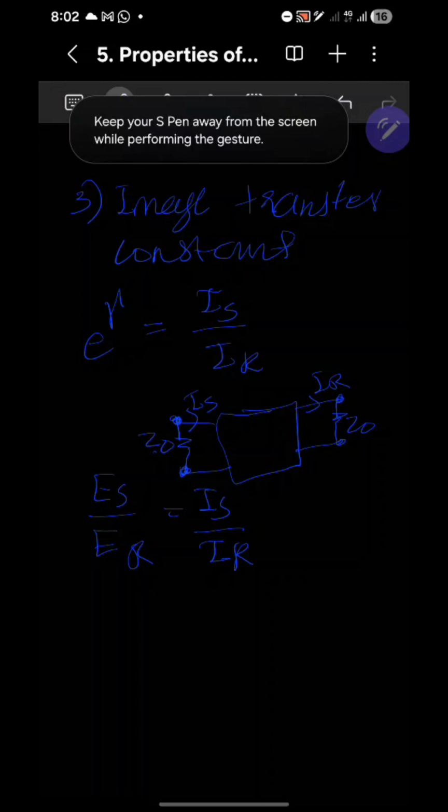So the ratio will always be constant, IS by IR, because of Z0 and Z0. Writing ES is equal to Z0 IS and ER is equal to Z0 IR. If you are connecting the input and output by its characteristic impedance, then the ratio of ES by ER will be the same.